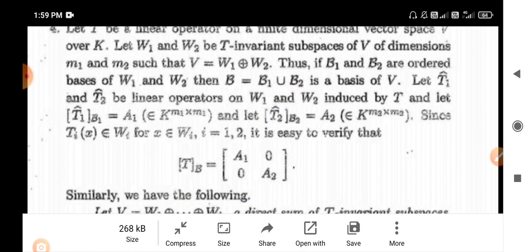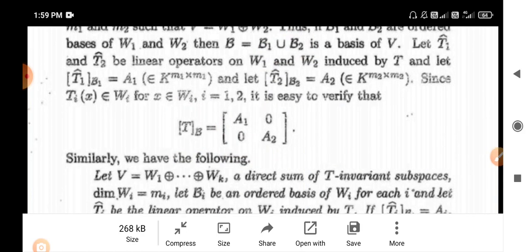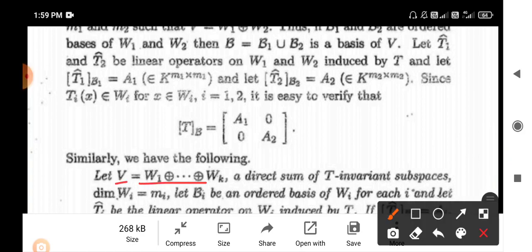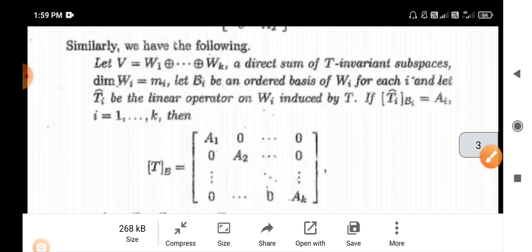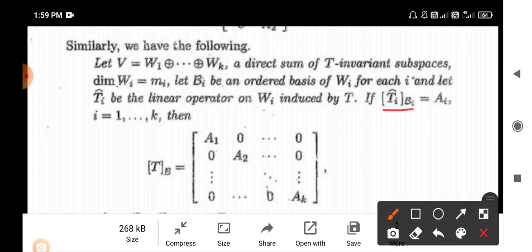Now this is true for two subspaces, and it can hold for a finite number of subspaces. So suppose W can be written as the direct sum of W1, W2, up to Wk. Then each T-invariant subspace Wi has dimension Mi, and Bi is the ordered basis for Wi, where B can be written as B1 union B2 union up to Bk, where T1 of B1 is A1, T2 of B2 is A2.